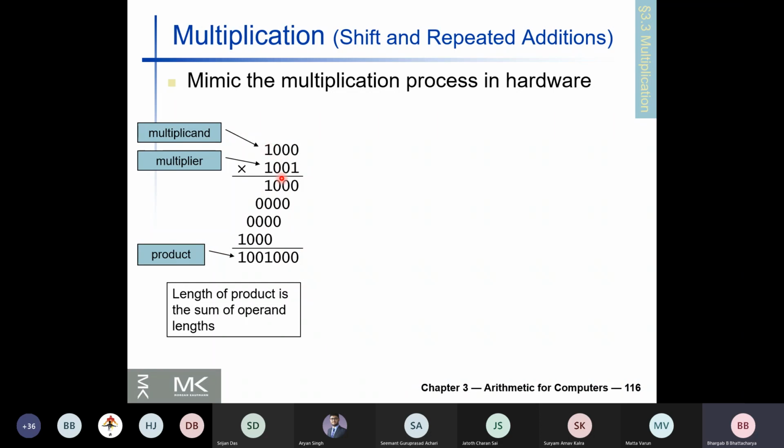If you have a multiplicand and multiplier, what are you going to do? If this bit is 1, you copy the multiplicand. If this bit is 0, all bits are 0 here. At every step, you shift this partial product term one bit to the left and finally keep on adding.